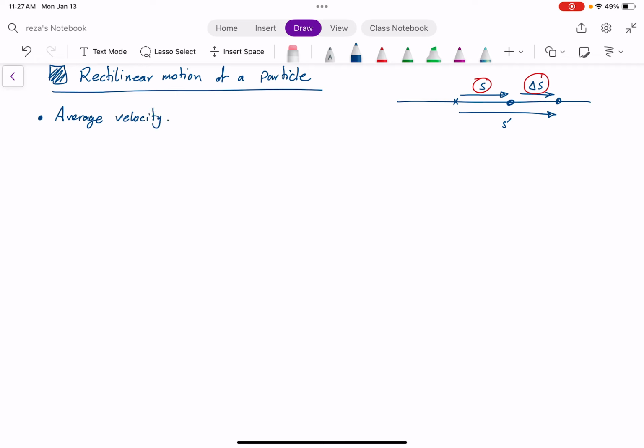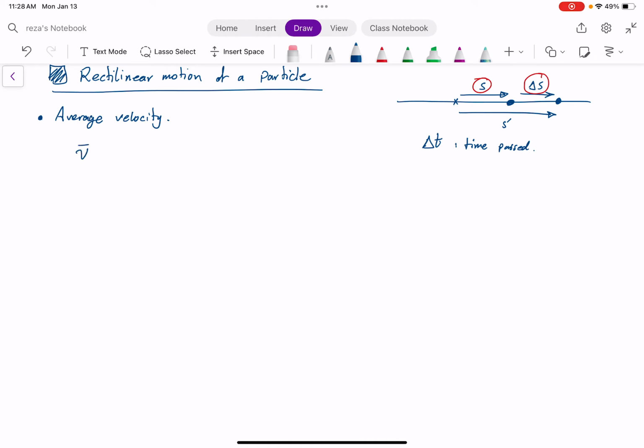Assuming that the time between these two events I have shown here, when the particle was at S and then it displaced some amount delta S to go to S prime, some time delta T has passed. What I can define as average velocity, V bar or V average.